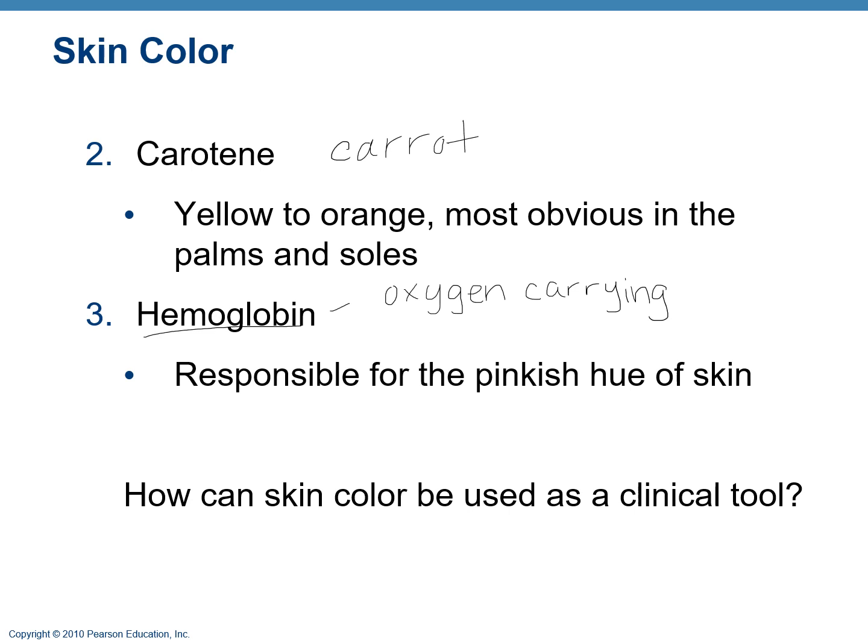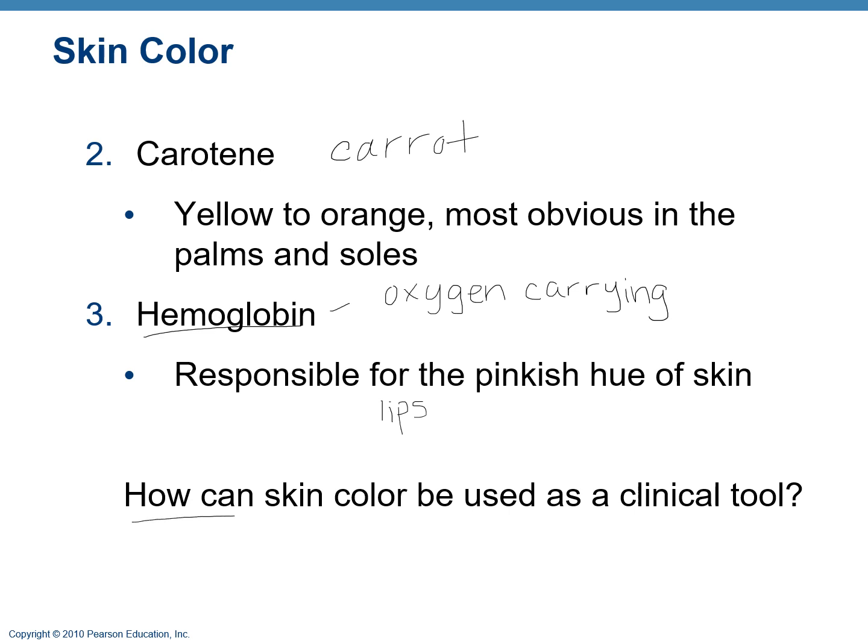One of the most obvious places that you see hemoglobin being responsible for the pinkish hue of skin is actually in the lips, because the skin of our lips is very thin, and as a result we can actually see the hemoglobin in the blood showing through that thin skin more. So those are the three pigments that lend us our normal coloration.